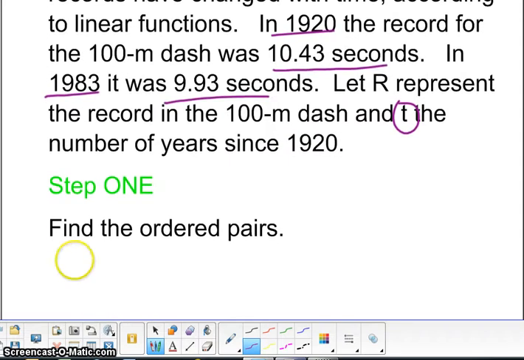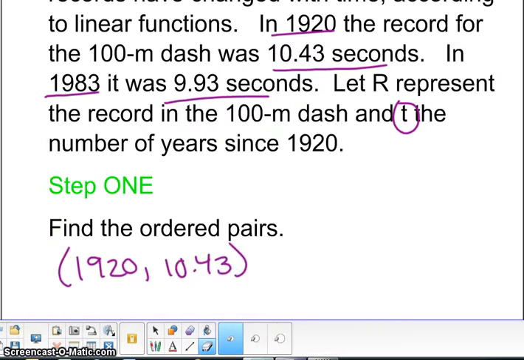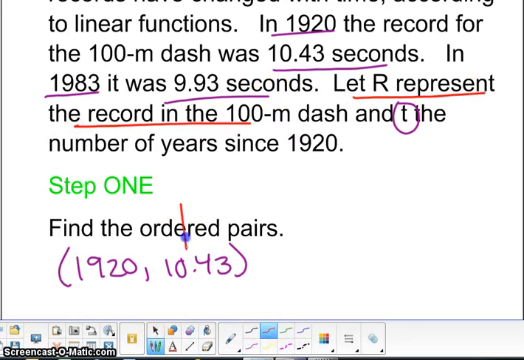So you can already see 1920 would go with 10.43 seconds. As it says in the last sentence, let R represent the record, which would be the Y coordinate, and let T represent the number of years.